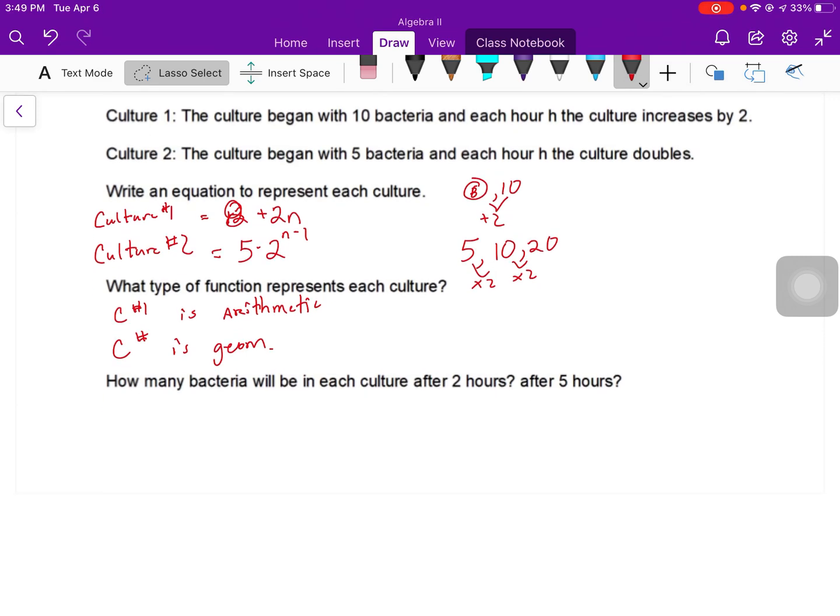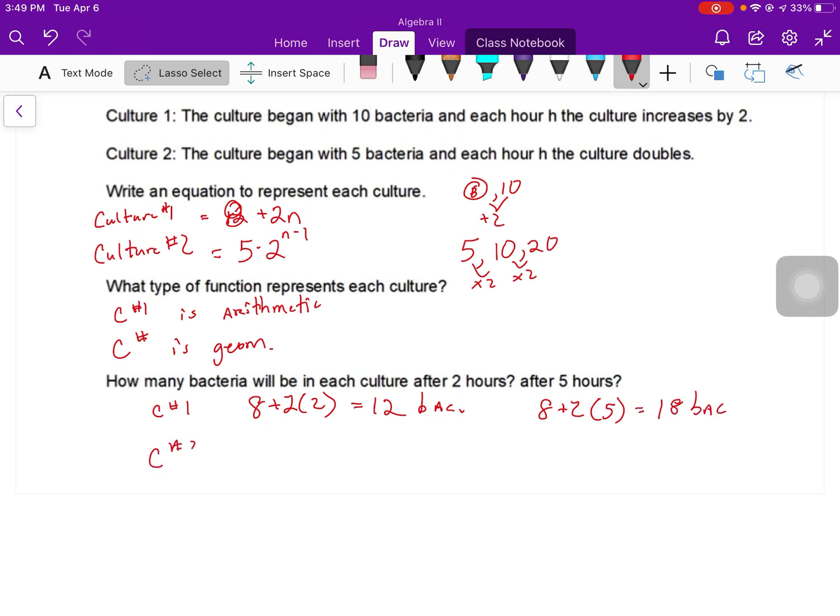How much would each culture have after 2 hours or 5 hours? Well, culture number 1 after 2 hours would be 8 plus 2 times 2, so 12. And what are we looking at? Bacteria. After 5 hours, 8 plus 2 times 5, so that would be what, 18 bacteria.